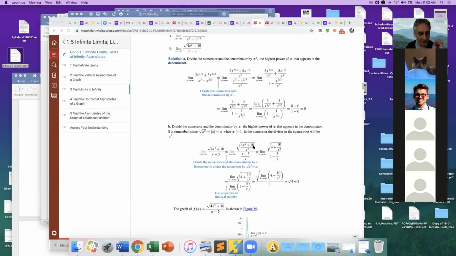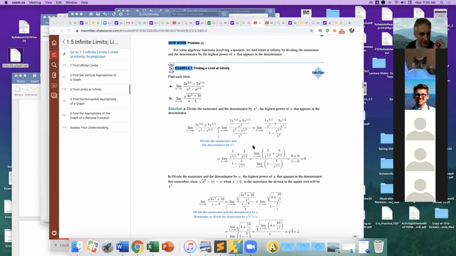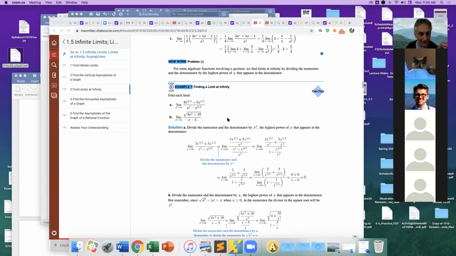Because one of the rules that we're talking about with rational functions is you're only worried about the lead term. So you look at the lead term of the top and the lead term of the bottom. If you divide through by x cubed on all 4 terms, you get this. When you put x to the 3rd under x to the 3 halves, that's 1.5, so you have x to the 1.5 left over on the bottom.